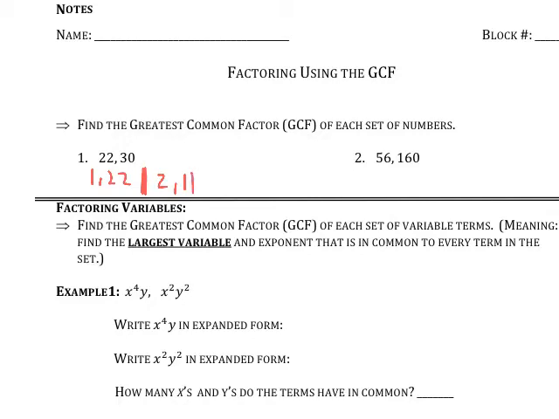So those are the 4 factors that we have for 22, and then I look for the biggest one that divides into 30. So 22 does not divide into 30, 11 does not divide into 30, 2 does divide into 30, so my GCF is 2. So you're just looking for the biggest number that divides into both of them.